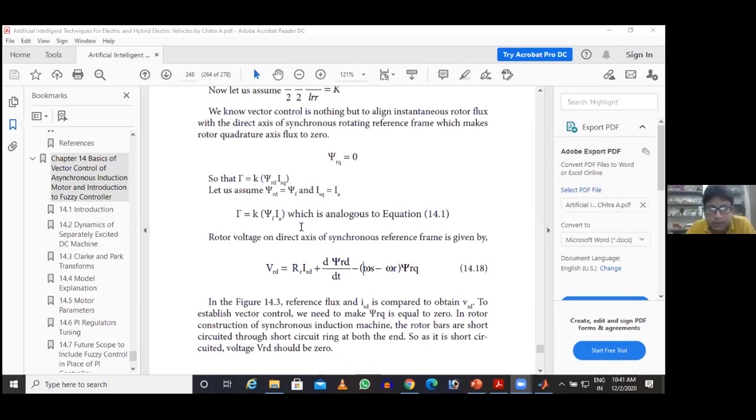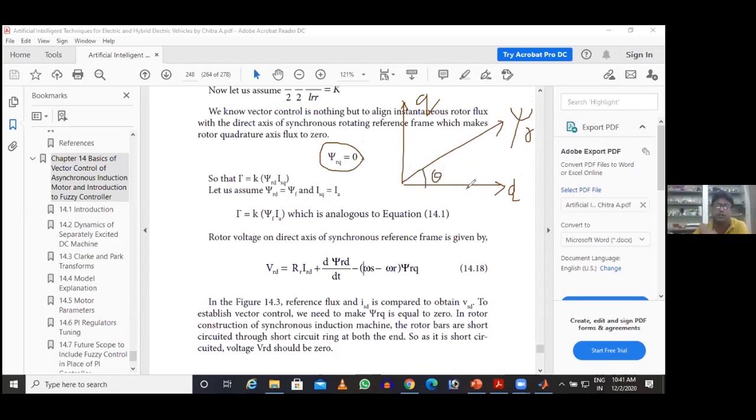So what I was telling, now I have to make the psi rq 0. Now, say this is the direct axis and this is the quadrature axis, and your rotor flux is somewhere here, psi r, and this is your theta.